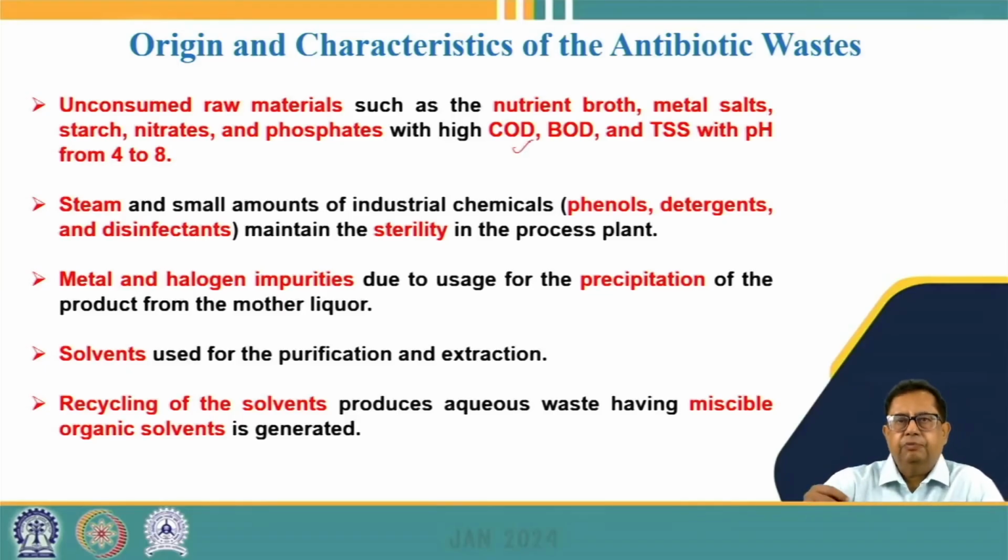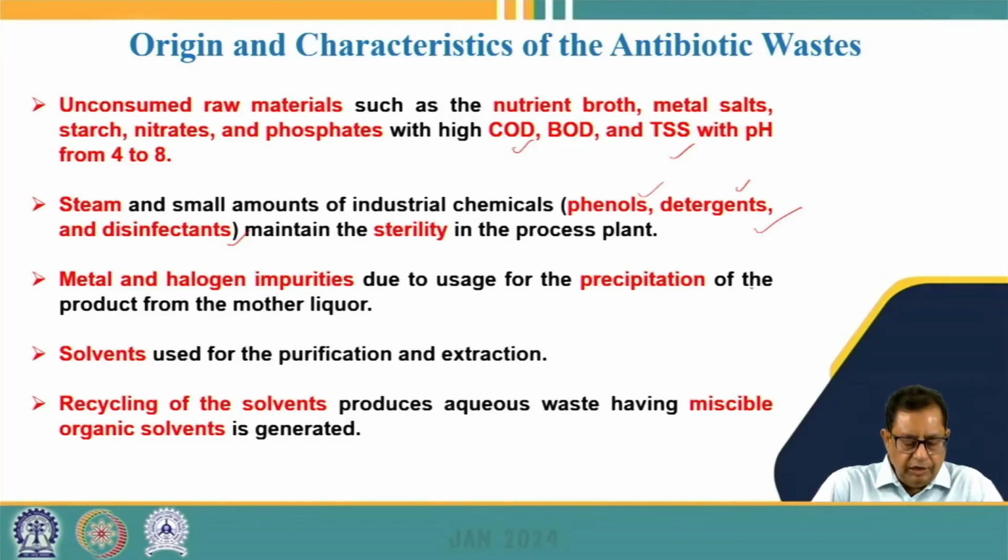This wastewater may have high COD, high BOD and high suspended solids, and the pH may range from 4 to 8. Because we use a lot of steam for disinfection and sterilization, the wastewater may also contain chemicals like phenols, detergents and disinfectants which are used for maintaining the sterility of the antibiotic plant.